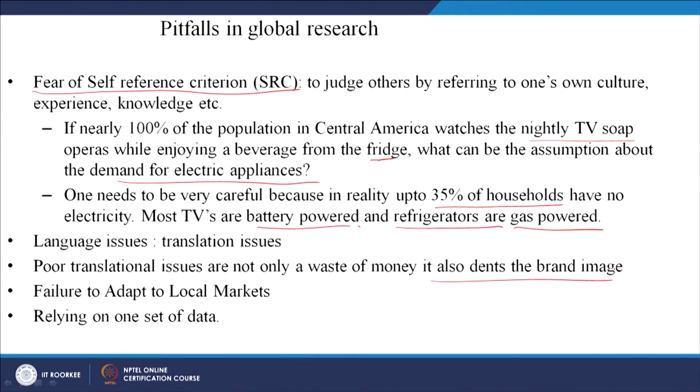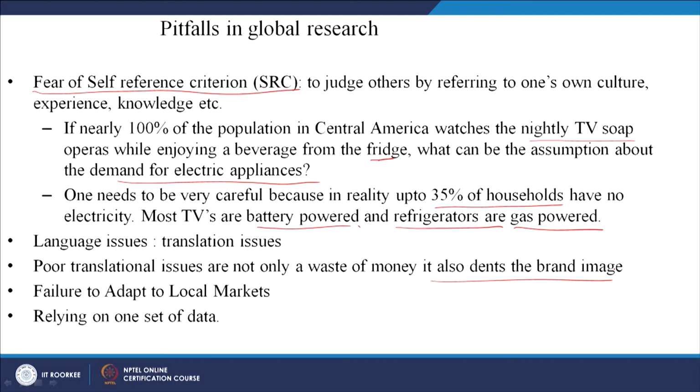Another issue is failure to adapt to local markets and relying on only one set of data. That is very difficult and dangerous in global research. When you are doing global research, you have to understand how to adapt to the local markets, and you cannot rely on only one secondary source of data. Largely we rely on secondary sources and miss out on the primary sources, because of lack of time and urgency.